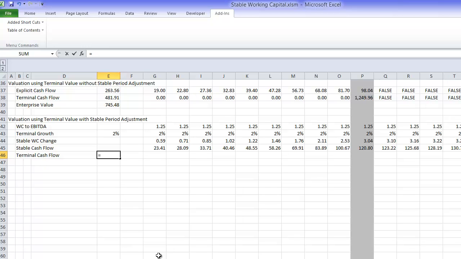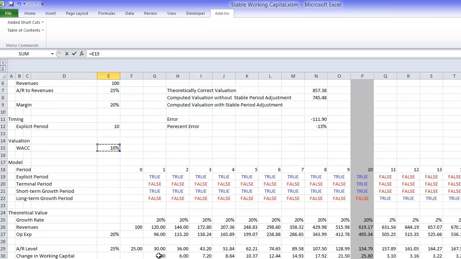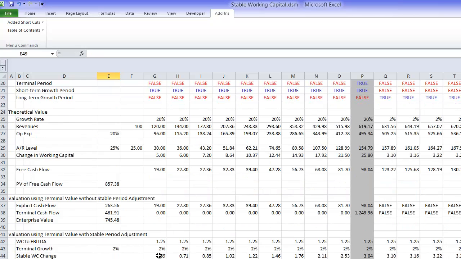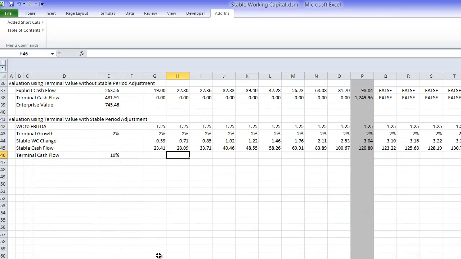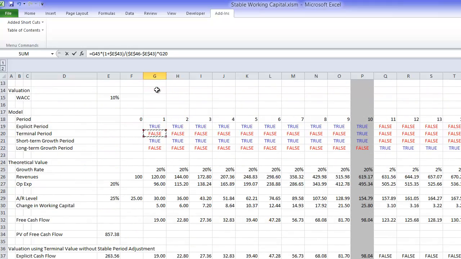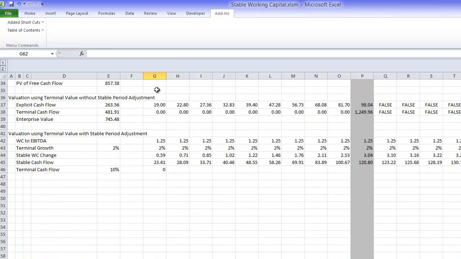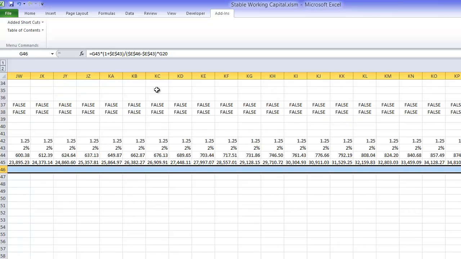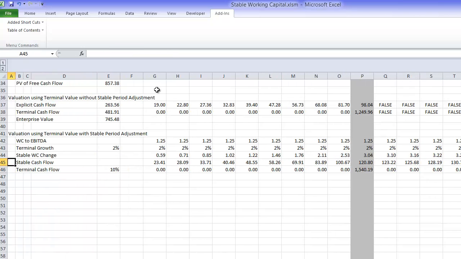Perhaps I should put in the WACC over here since we have the terminal growth rate. Remember this is an adjusted cash flow multiplied by 1 plus the terminal growth rate, divided by the WACC, that's where I made the mistake last time, minus the terminal growth rate, and of course we have to multiply that by our terminal period switch. And so now we have a different terminal value.